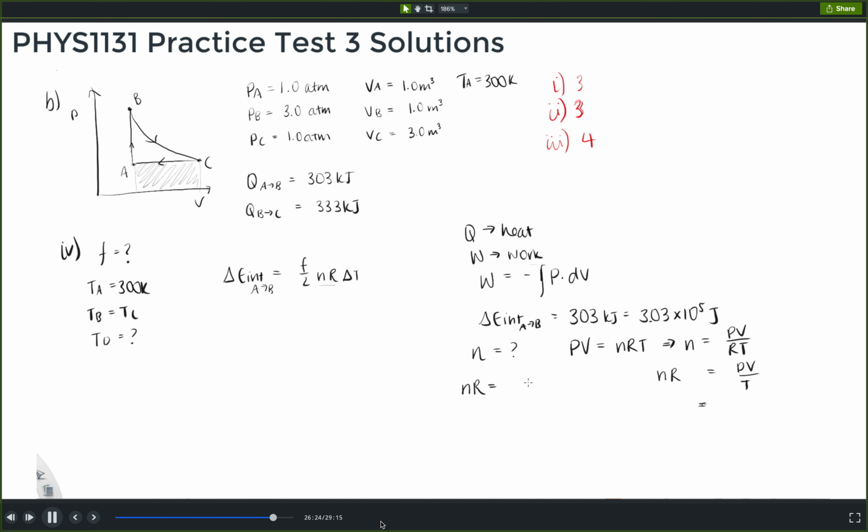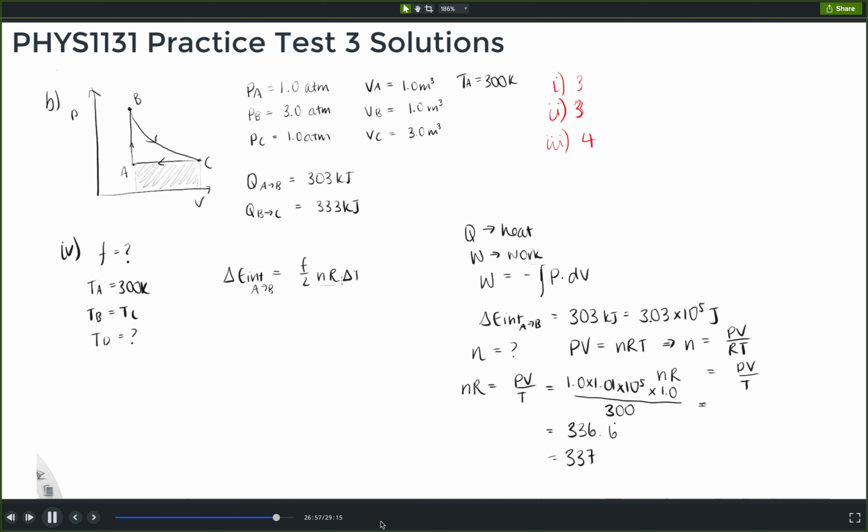Therefore, nR equals PV divided by T. Now, P at the point A is 1 atmosphere. We need to convert this to pascals, multiplied by our volume, which is 1.0, divided by the temperature, which we were told, which is 300 Kelvin. And then when you do that, you get 336.6 recurring, which is approximately 337. So we know what nR is.